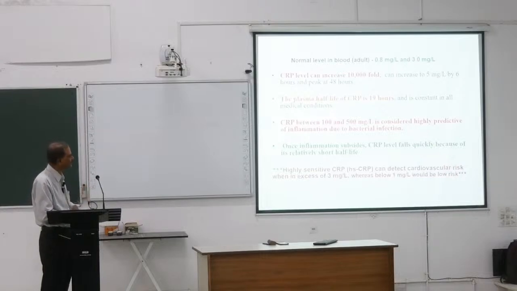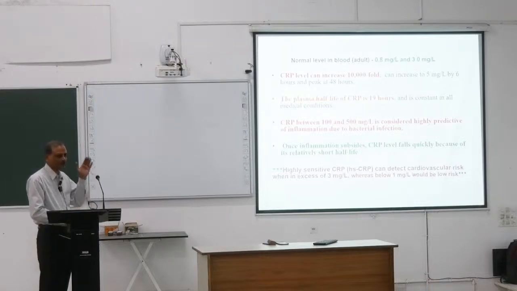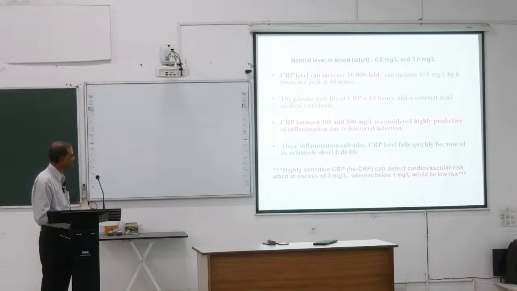So in bacterial infection, which is a common problem in clinical practice, the CRP level will be increased, and once you control it with antibiotics, this level will fall again, because it has a half-life of only 19 hours. So it will come down within 2 days once the infection is controlled. Again, once the inflammation subsides, the CRP level also falls rapidly.